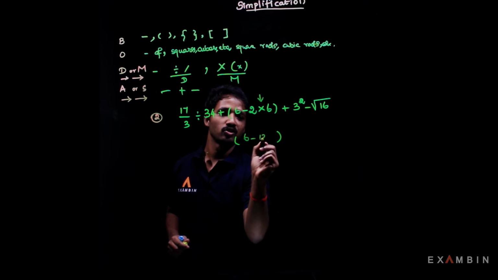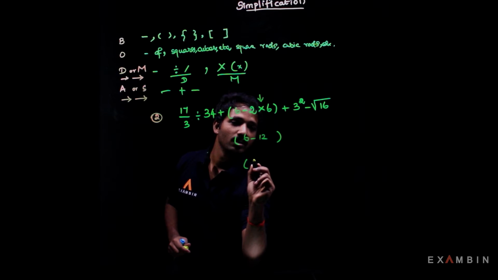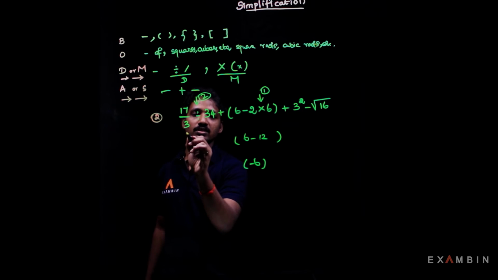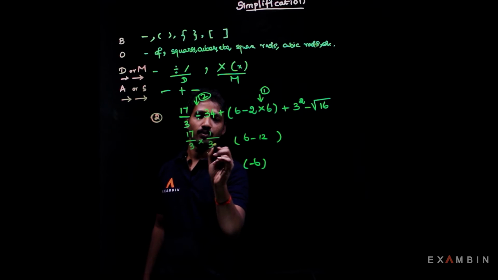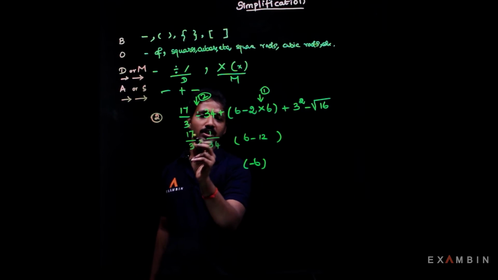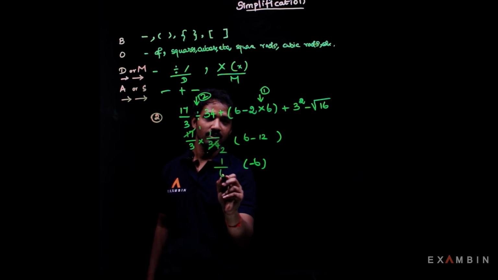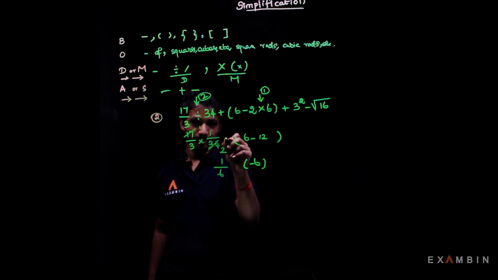So 6 minus 12 is minus 6. So this we can write as 17 by 3 into 1 by 34. So 17 into 2 is 34, so we can strike that out. So here we can get 1 by 6. Don't forget to add this plus everywhere.